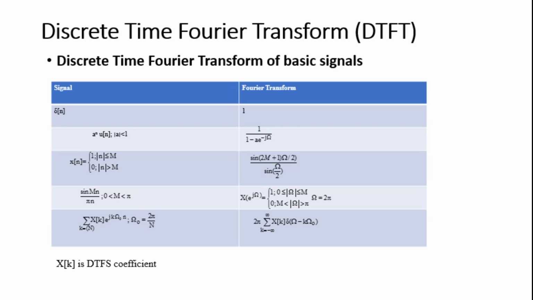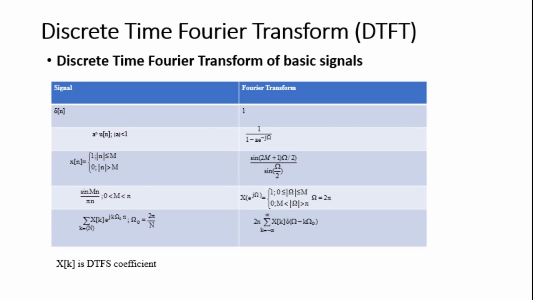Next signal is sin of m n divided by pi n, where m varies between 0 to pi. Then the Fourier transform will be X of e power j omega equal to 1, where magnitude of omega varies between 0 to m, and 0 where magnitude of omega varies between m and pi.